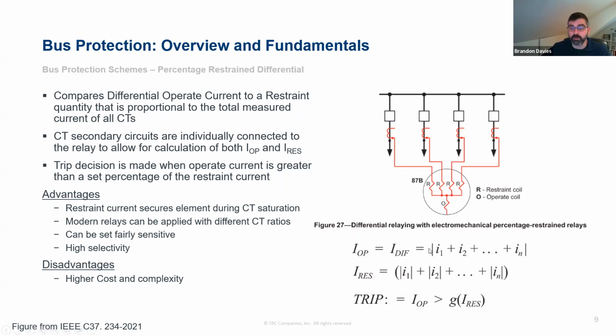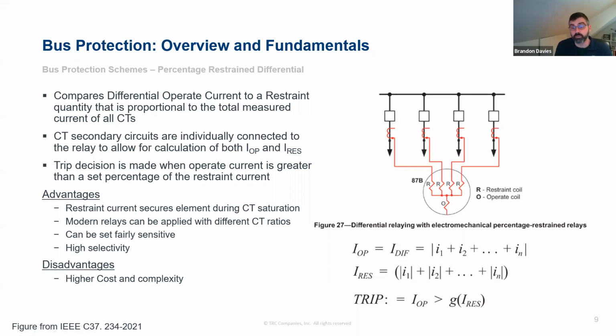And because we're doing a vector sum of these, they should sum up to 0, because the angles for current going into the bus will be 180 degrees from the angles of the current going out of the bus, because all of our CTs are in the same polarity direction. They're all looking for current going into the bus. So that's our operate signal.